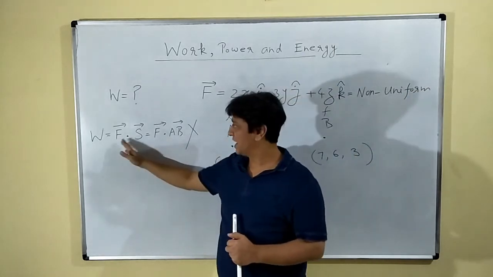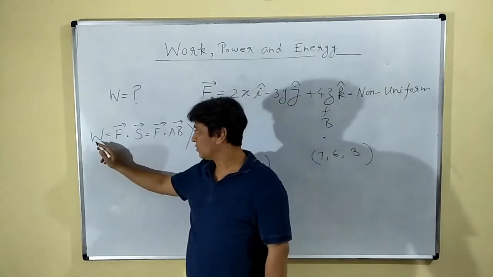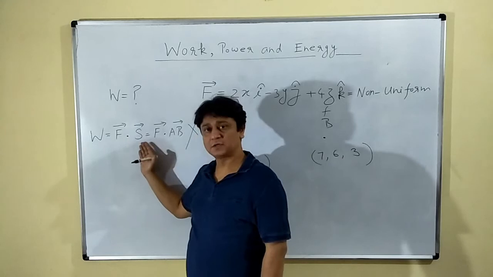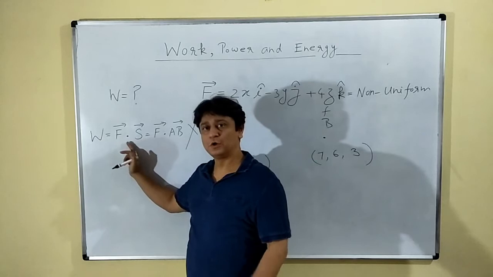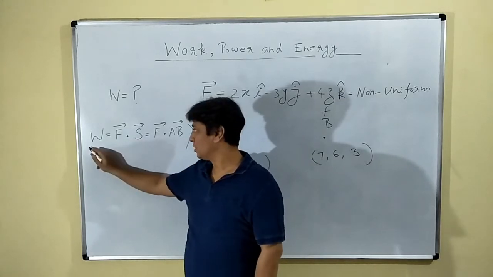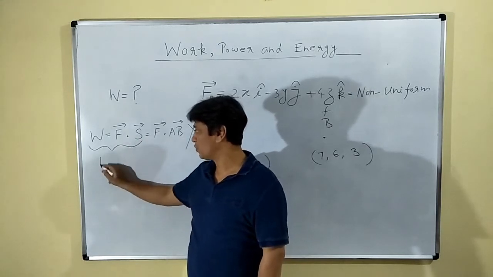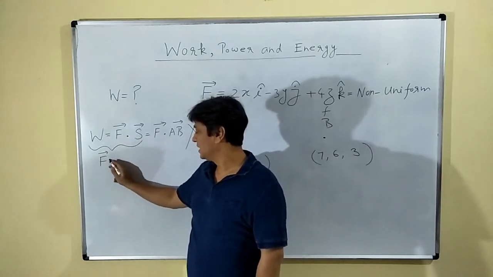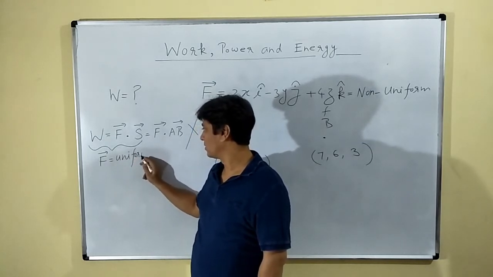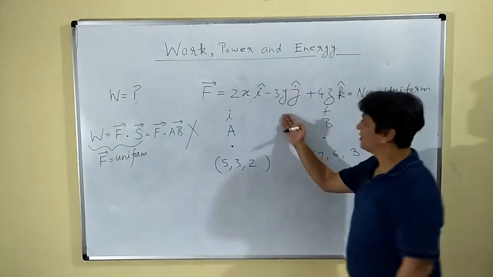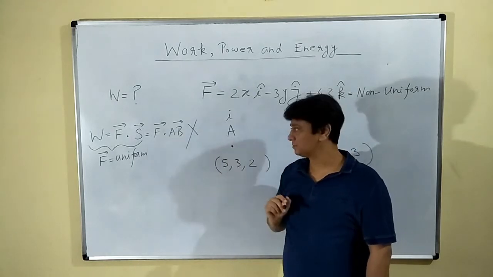When work is F dot S, it means for the entire displacement, your force should remain uniform. You can mention it like this, that W equals F dot S is used when F is uniform. Whereas in this situation, F is non-uniform, and therefore I said this approach will not work.